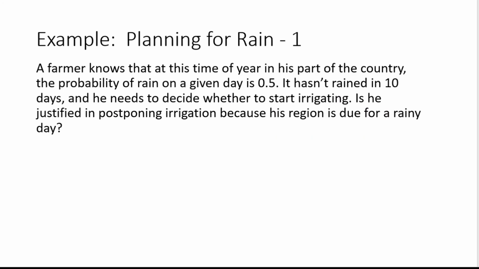Example, planning for rain. A farmer knows that at this time of year in his part of the country, the probability of rain on a given day is 0.5. It hasn't rained in 10 days, and he needs to decide whether to start irrigating. Is he justified in postponing irrigation because his region is due for a rainy day?